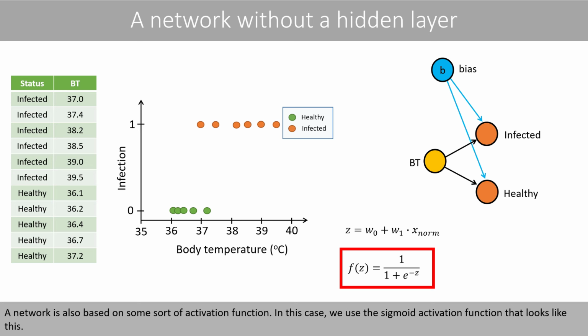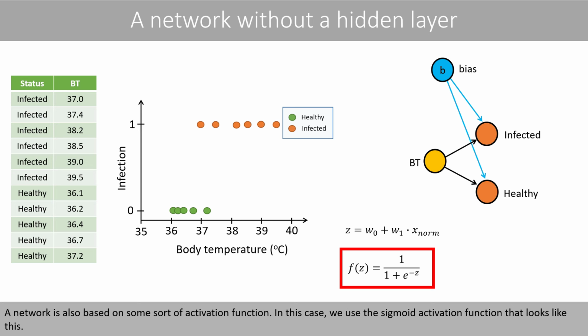Let's plug in this expression here, so that we have the function of the curve. This mathematical function is actually the one that is used by the network when the value of this output node is calculated, which is the predicted probability of being infected. Note that this simple network is basically the same as logistic regression.